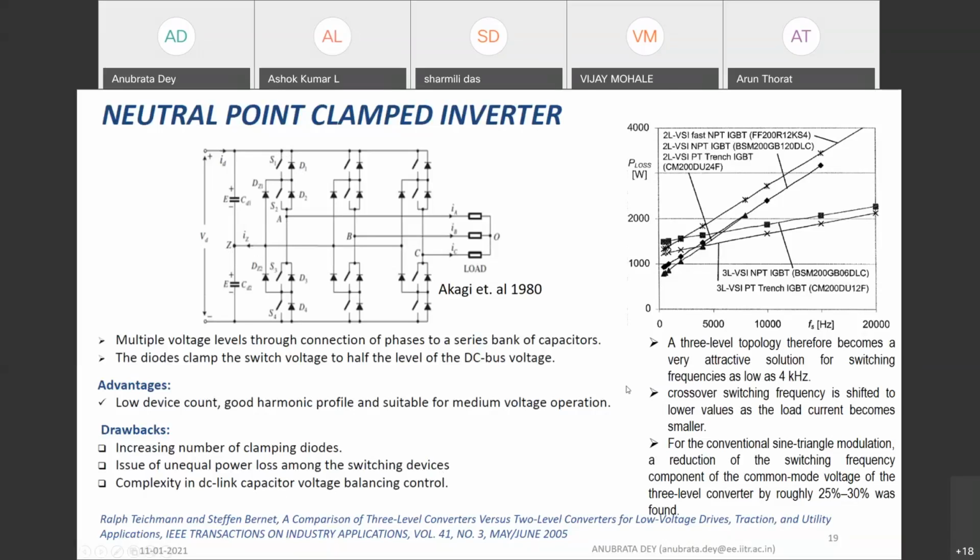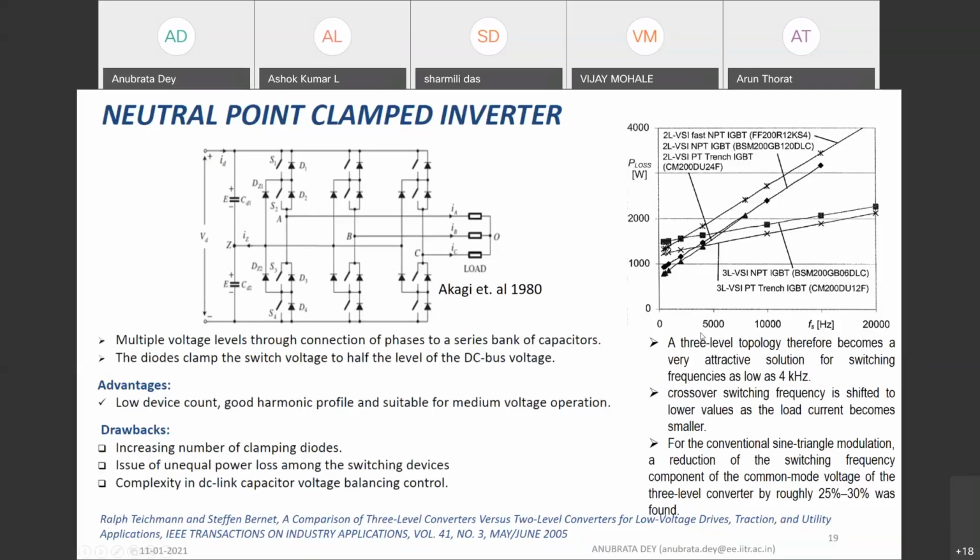Some studies are also provided. You can find those studies in the reference given at the bottom. They are studying the 2-level and 3-level converters in order to find out the efficacy of these 3-level inverters.